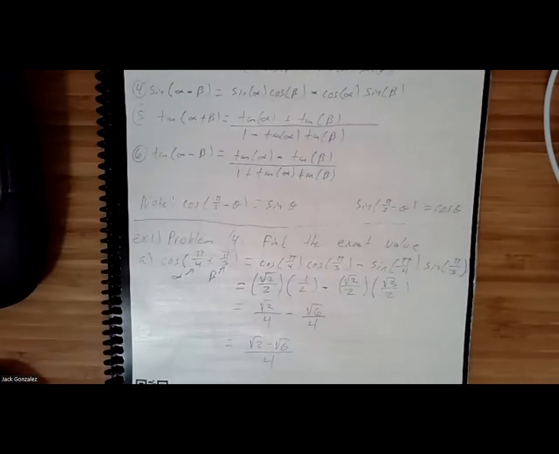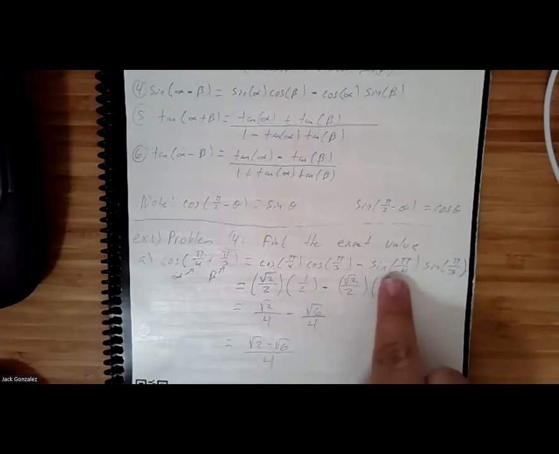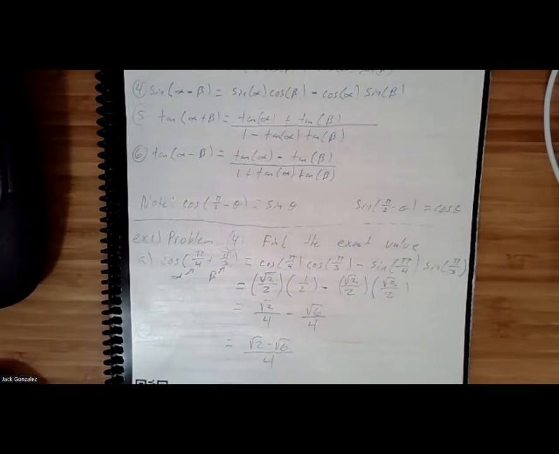All right. Any questions on the first example? Do you see how we apply the formula to alpha, beta? And all the alphas and betas are right there using formula 1.